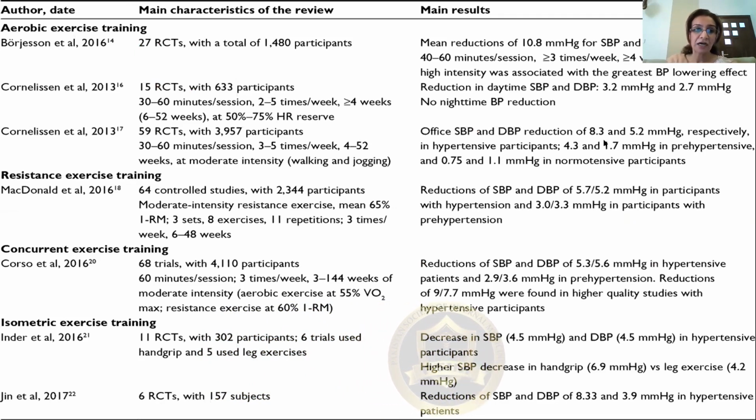Most of the data comes from dynamic aerobic exercises, which means things like running, jogging, brisk walking, swimming, and in the most RCTs, there's a mean reduction of 10.8 millimeters of mercury systolic and 4.7 millimeters of mercury diastolic. This is just a very teeny weeny bit less as compared to that which is achieved through the impact of diet and salt reduction combined.